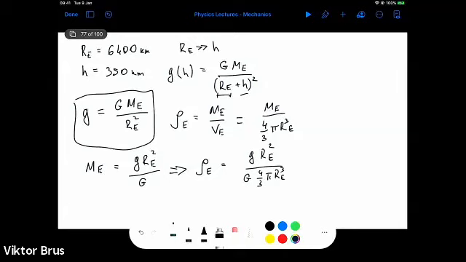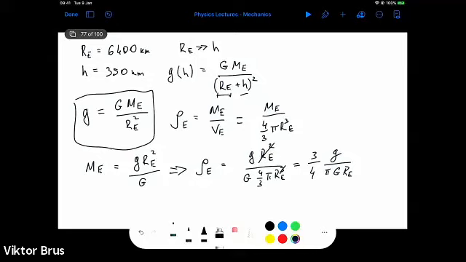So we can cancel out terms, and we end up with 3 divided by 4, times the acceleration of free fall on the surface of the Earth, divided by pi, capital G, the gravitational constant, times R_E, the radius of the Earth.